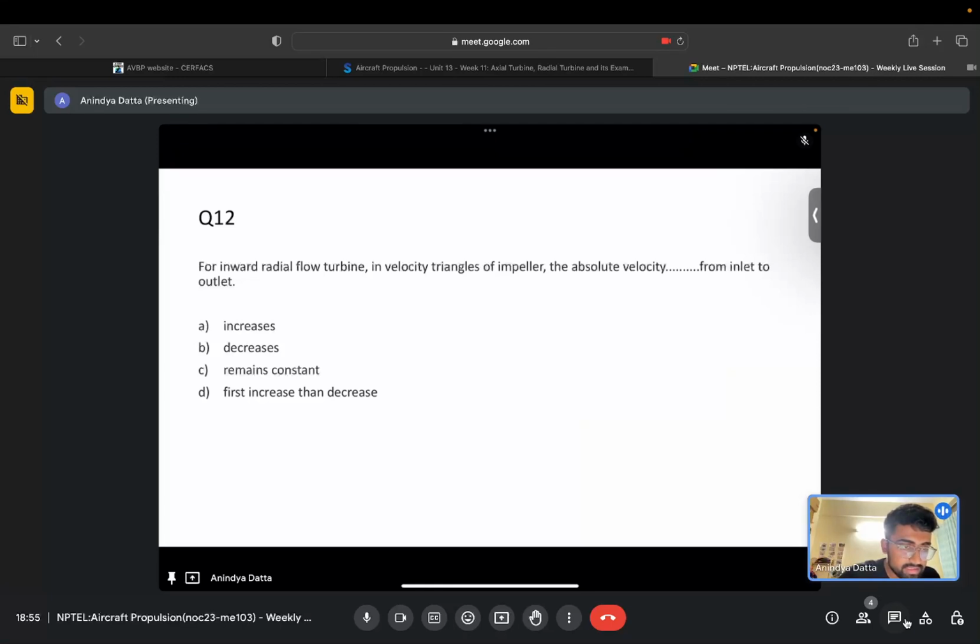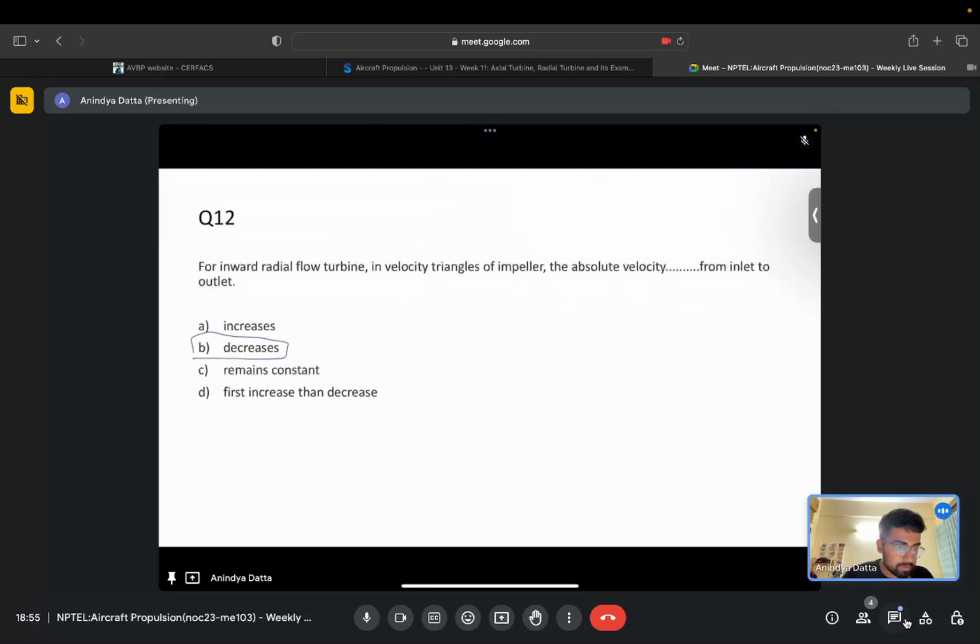You can answer this similar to what happens in the rotor of a turbine, since the impeller is the rotor of a turbine, right? So what we have seen happens in the rotor of a turbine when we did axial flow turbines: the absolute velocity decreases. In the same way, here also this will happen.